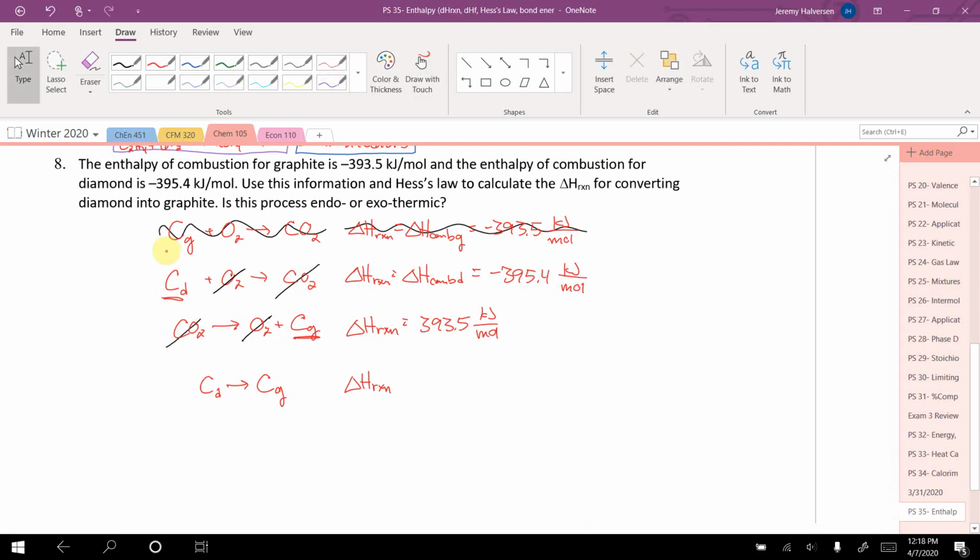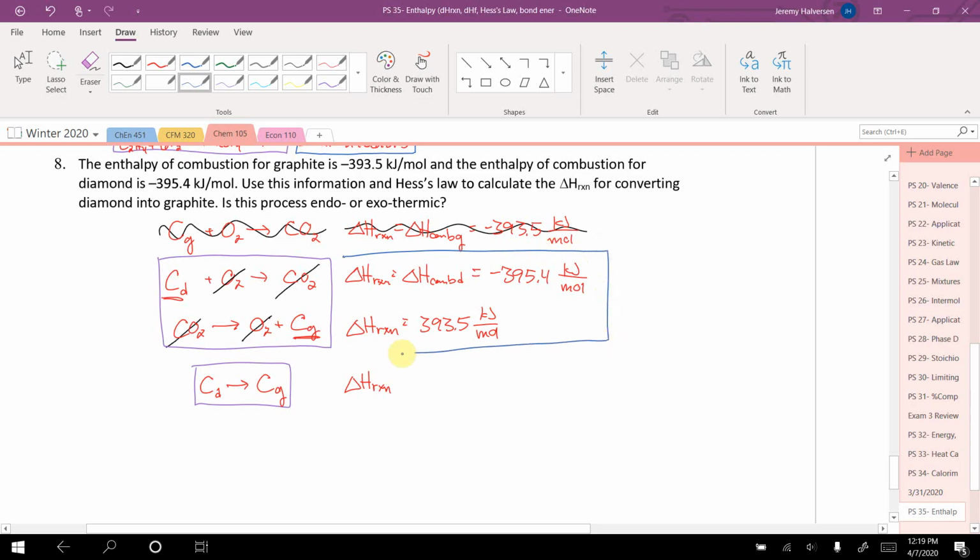So I've confirmed that these equations add up to that equation, and as a result, these delta H's will add up to this delta H. Which gives me negative 1.9 kilojoules per mole. There you go. So that must be exothermic because the delta H is negative.